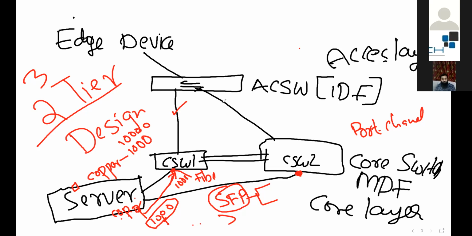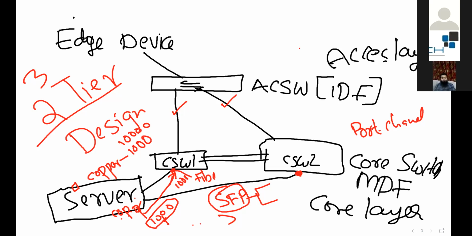If my server has a dual NIC card, and I have only one core switch? Even then, you can use two links to get more bandwidth from the server perspective.